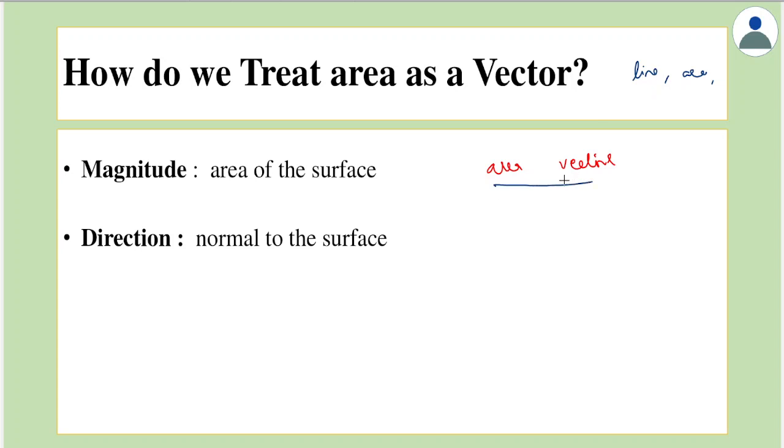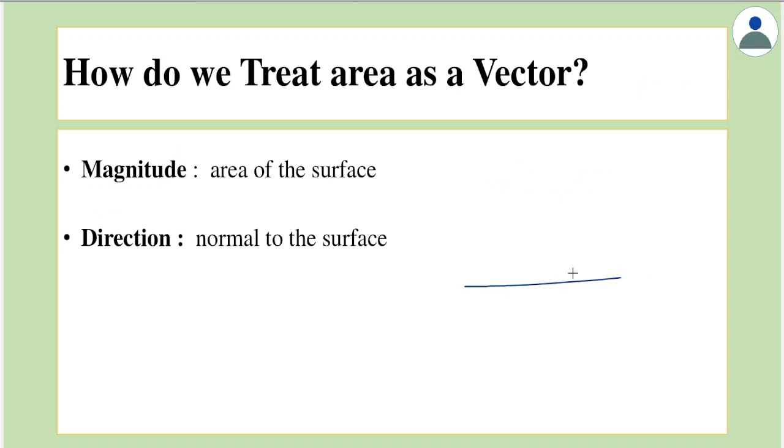So in that sense, an area vector has both magnitude as well as direction. The magnitude would be the value of the area only.